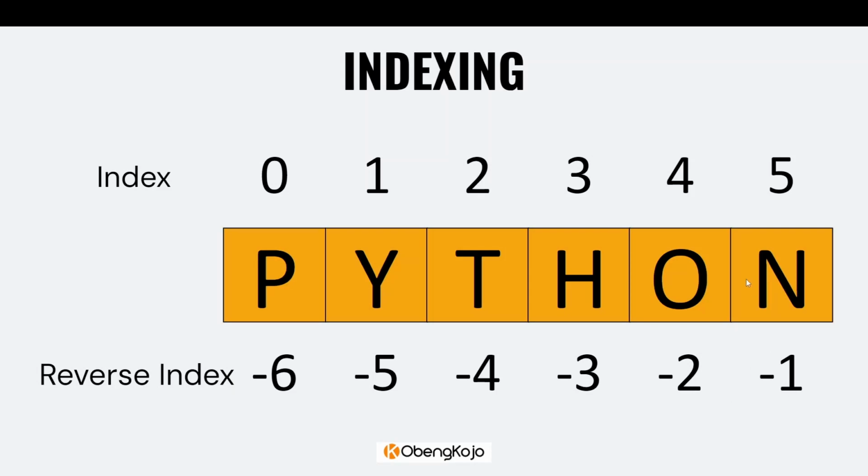So from -1, the next character is -2. Now the question is, why the need for this negative or reverse index? Let's assume that this string happens to be very long and you want to access the last character. Don't you think it's going to be very difficult trying to count all the index positions? With reverse indexing, we can easily grab the very last character, since we know that the very last character is always -1.